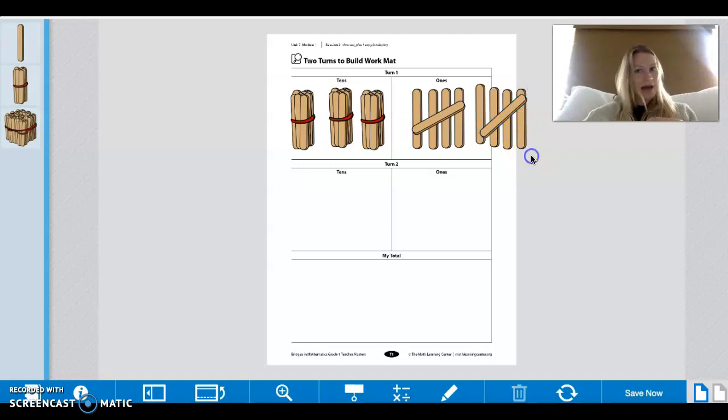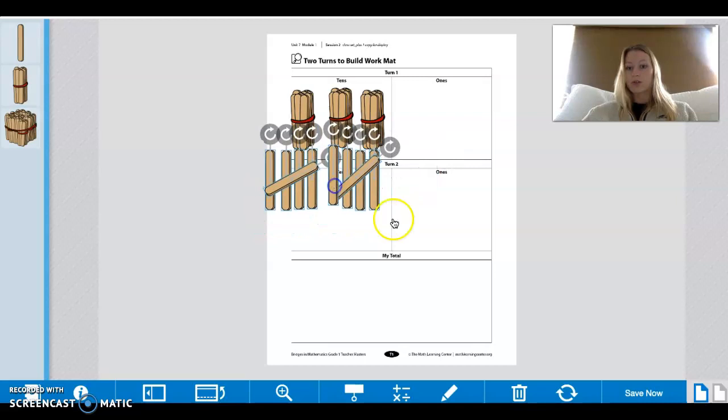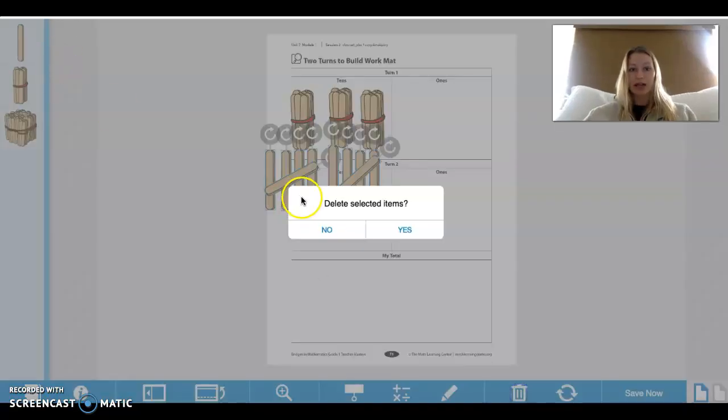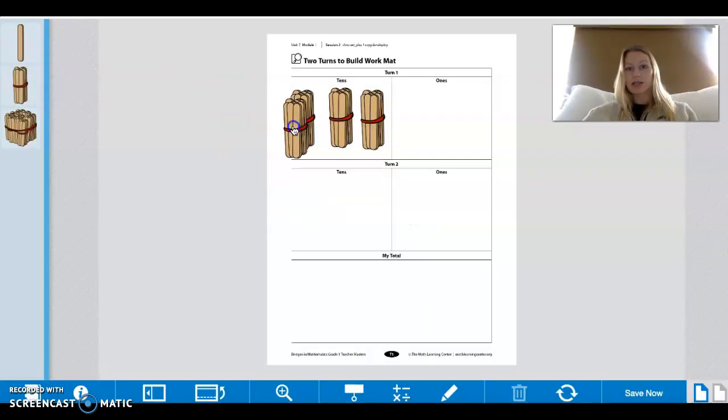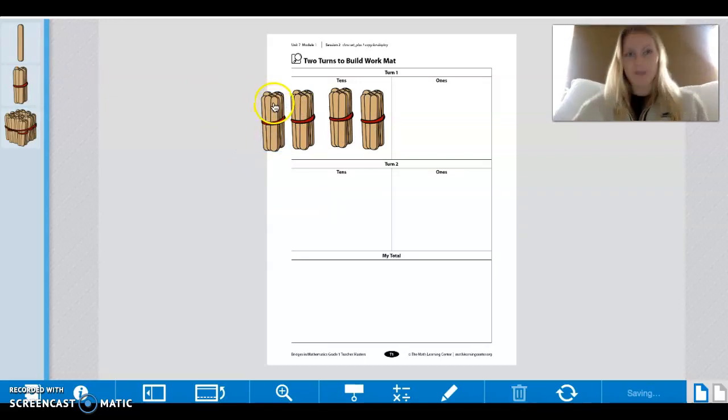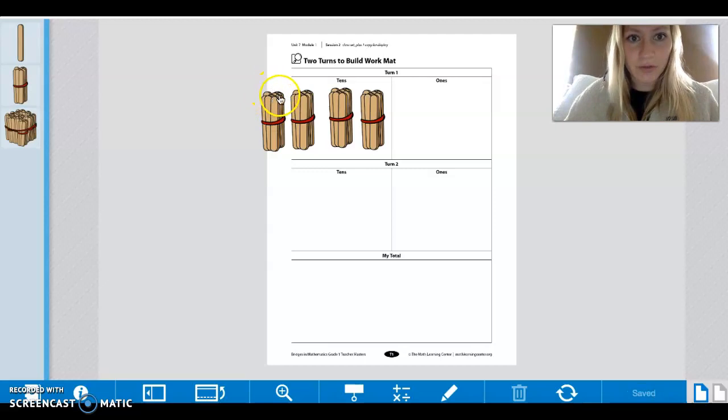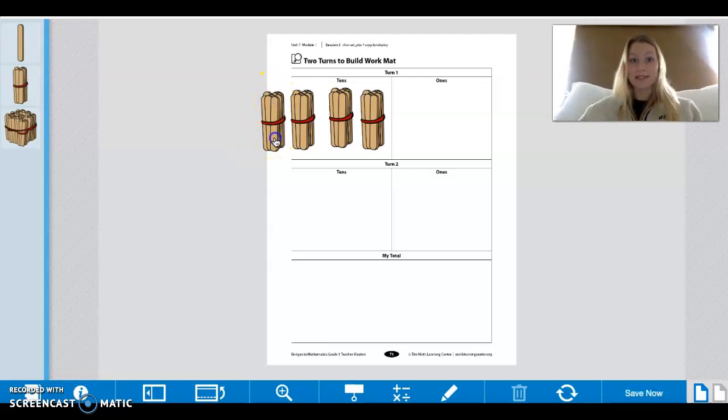They cannot stay here because they're a group of 10. So I'm going to get rid of that group of 10 and I have to move them over. When I move them over to our tens, I have to trade them in for a group of 10. I know that this is 10, so I don't have to sit here and try and count all of those popsicle sticks. I just count by tens.